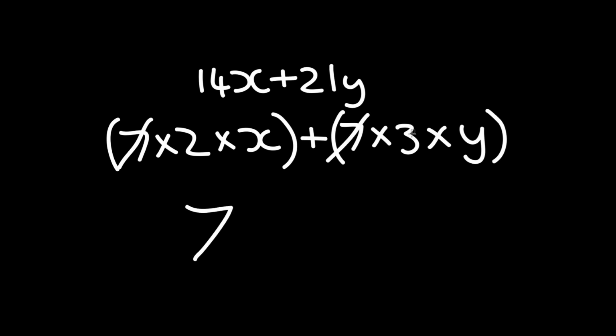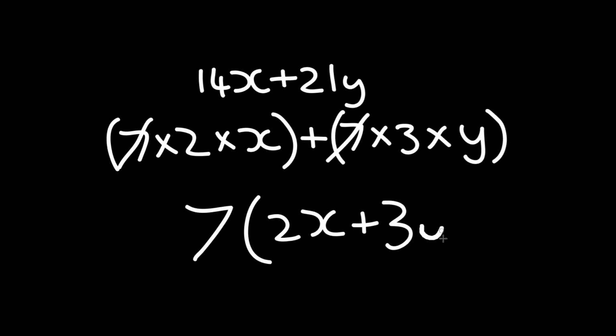We can't pair up the 2, and we can't pair up the x, so we now draw our first opening bracket. Everything else is going to go inside, the 2x, the plus, the 3, and the y. And that's our factorized expression.